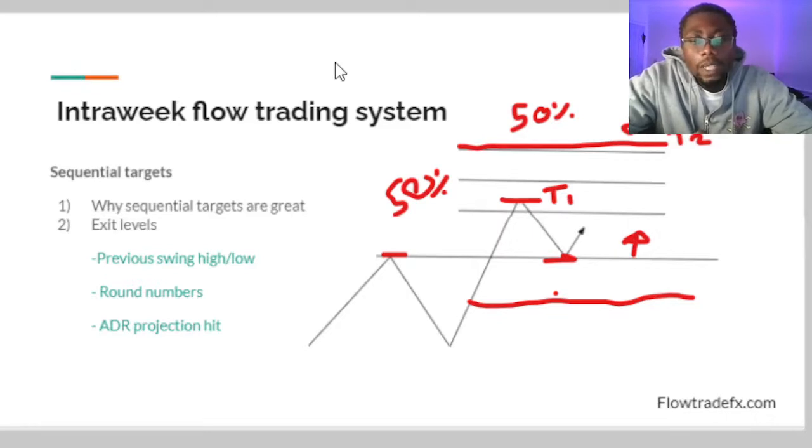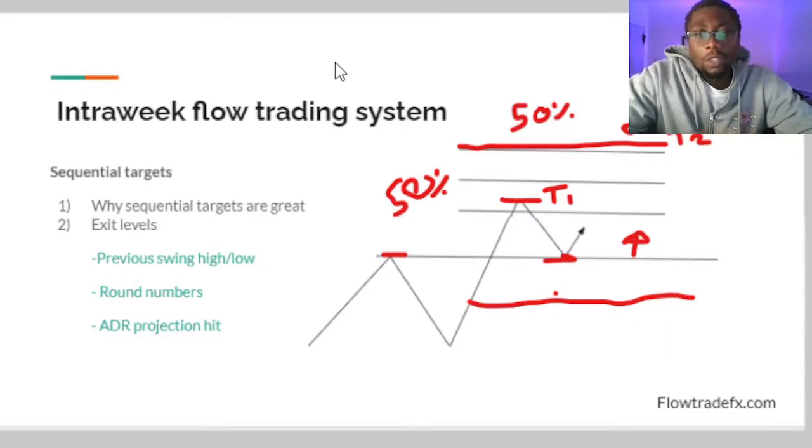It's going to be second nature at some point, but right now, just work on getting familiar with previous swing highs, noticing those round numbers, and if you do have the ADR projection indicator downloaded, then you can just upload that on your chart, and it'll automatically plot these upper and lower extreme levels of the ADR projection on your chart. It'll do it automatically, so you don't have to visually look for it anymore. It will just be there for you.